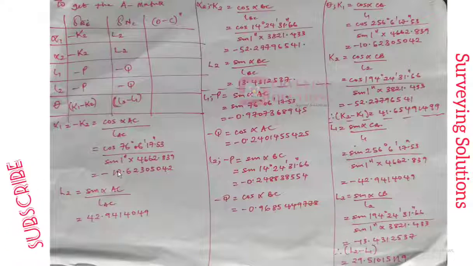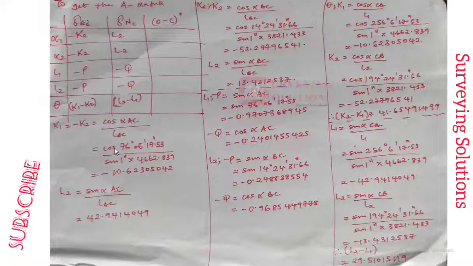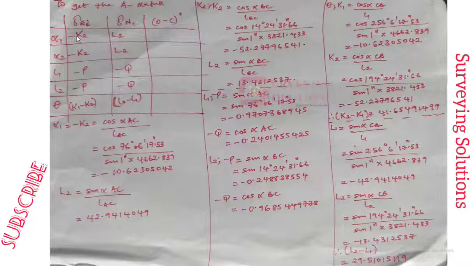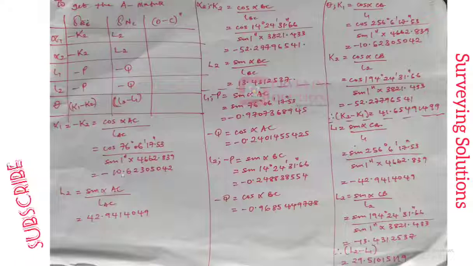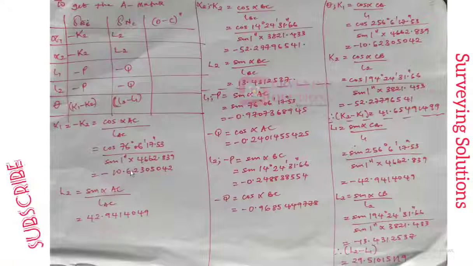The answer you get on the calculator is positive, but it becomes negative because of this negative sign. If the answer you got was negative and you also have a negative sign, the two negatives would cancel out to give positive. But since the answer is positive and there is a negative sign attached to the coefficient, your answer automatically becomes negative. So that's why you see negative 10.636230.5 and the rest of that.